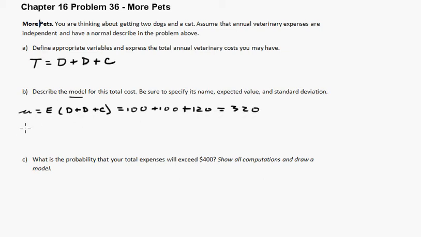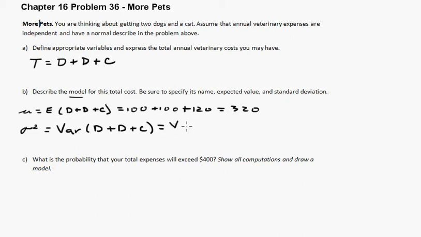Okay, and then to get the standard deviation, let's get the variance first. So the variance of D plus D plus C. And this is where the payoff comes from understanding random variables.